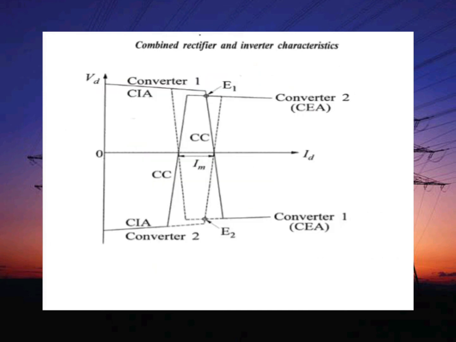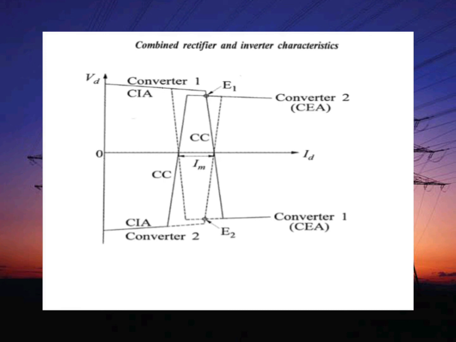So now the next characteristic is the combined rectifier and inverter characteristic of an HVDC transmission system. In most HVDC transmission systems, each converter is required to function as a rectifier as well as an inverter. Consequently, each converter is provided with a combined characteristic, which is shown like this. The characteristic of each converter consists of three segments.